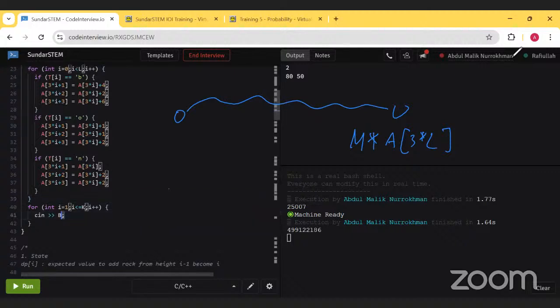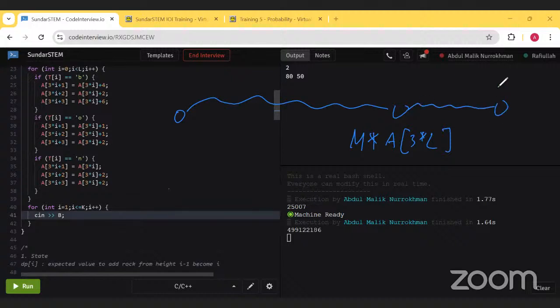And if we input P here, the value of P may be greater than 3L, right? So we have to modulo it by 3L because it will be periodic until 3L, right? Until 3L, and then there is the same graph until 6L and so on.